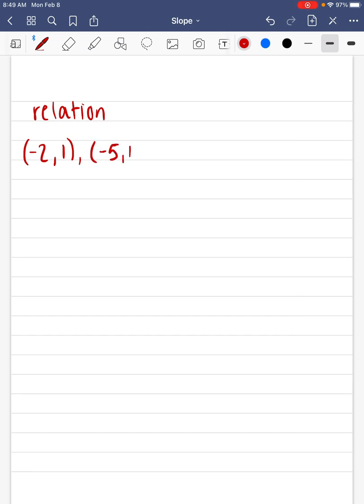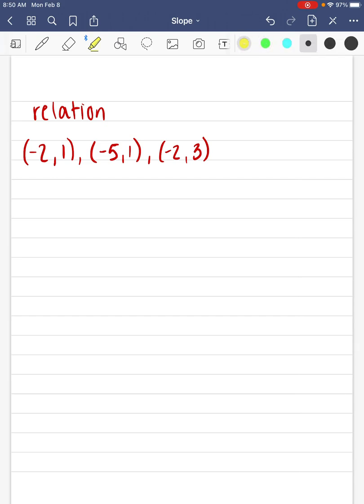All right, so now we're going to talk about how we can tell coordinates are a relation or a function. So we're going to start with a relation, which is less specific. So for a relation, we can have -2, 1, -5, 1, and -2, 3. So remember, for a relation, it doesn't matter how they're paired, but for a function, each input x can only have one output y.